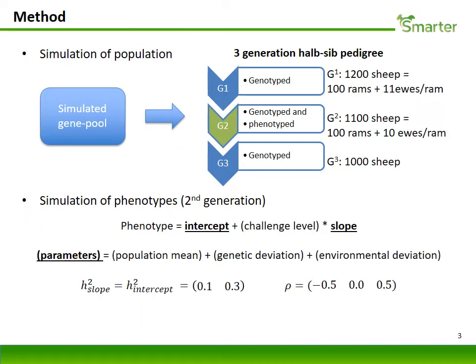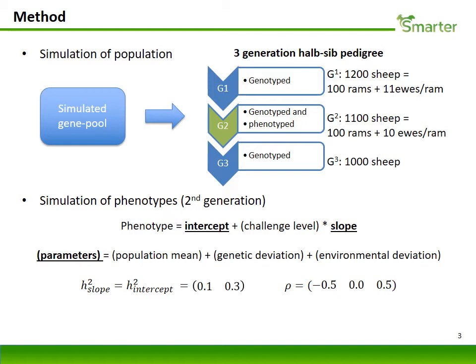For this simulation study, we simulated the genome of a population of sheep. From that, we simulated a 3-generation half-sib pedigree with all animals being genotyped and only the middle generation being phenotyped. The phenotypes for the second generation were simulated with a linear model, similar to the first slide that I showed: intercept plus challenge level times slope.